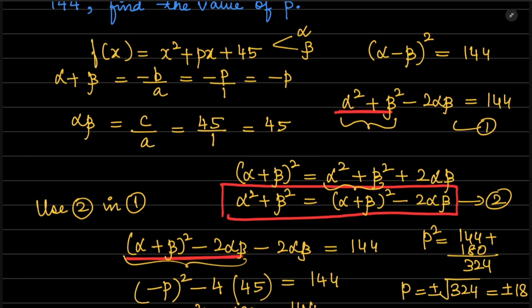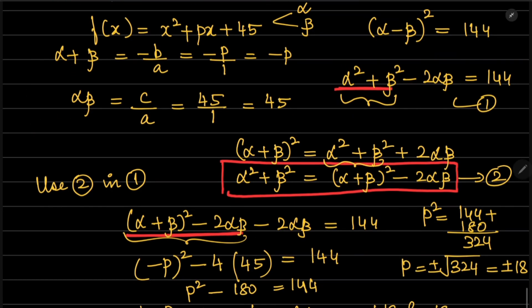Only then will you be able to write everything in terms of alpha plus beta and alpha beta, because these are the only two values that you know. So we have converted everything in terms of the sum of the zeros and the product of the zeros, so that you can substitute the values and find the unknown term, that is p.